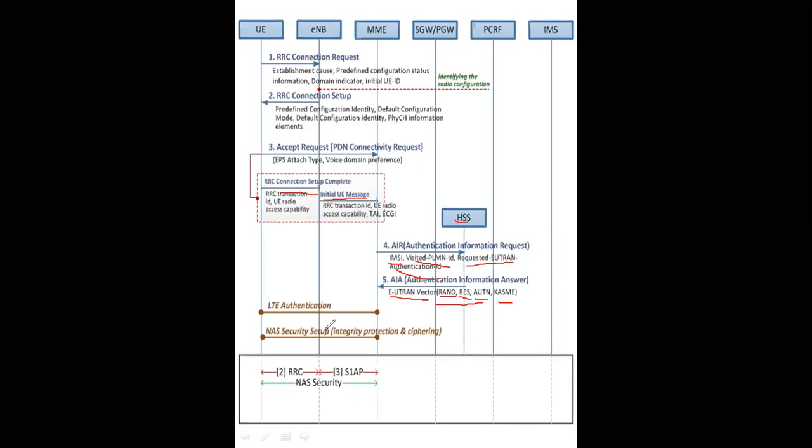Security setup, integrity protection and ciphering protection, happens only after authentication. Suppose authentication does not happen, then the UE attaches again with the network and the whole process starts again.